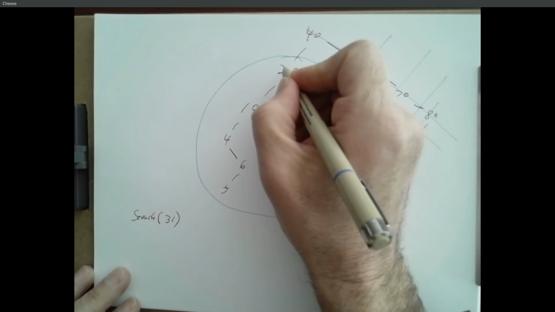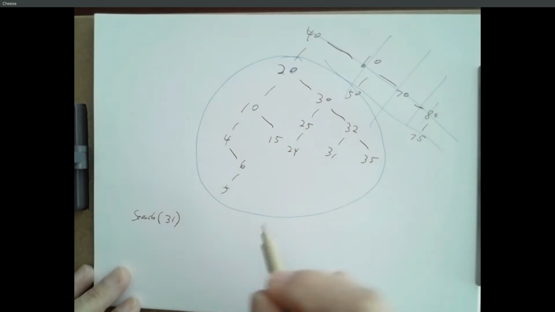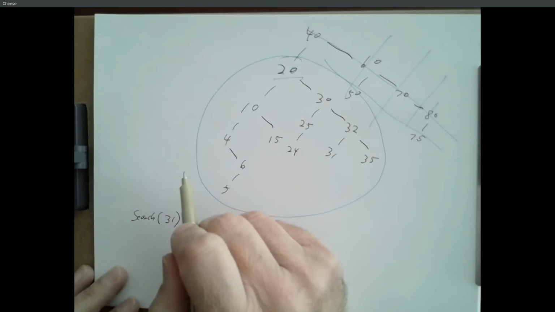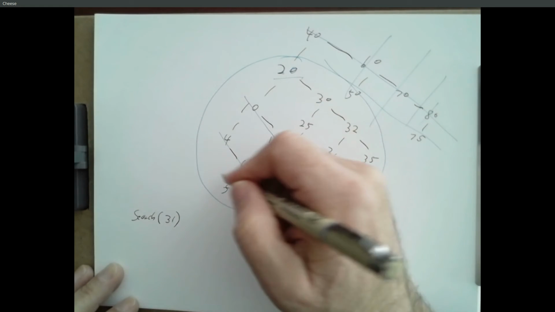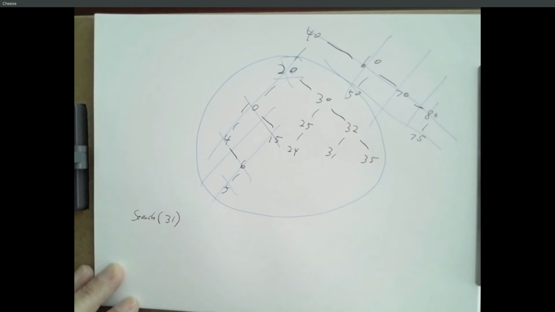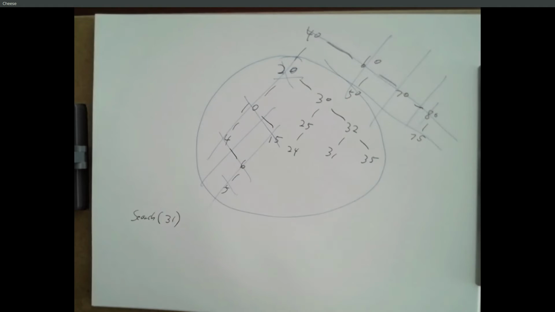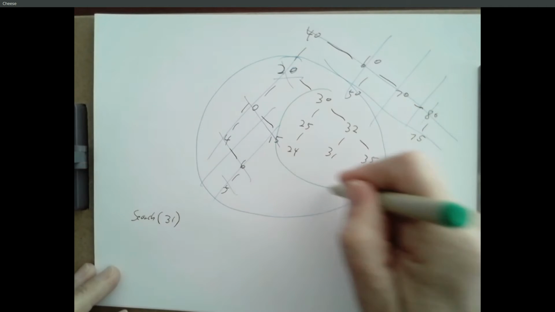So we can move down to this node and say, well, is this 31? No. Is 31 smaller than this? No, 31's bigger, which means now we don't have to worry about any of this stuff, because if 31 is in our tree, it's got to be in this subtree.